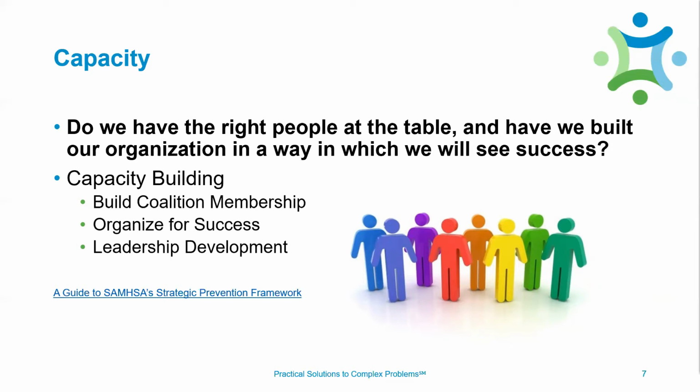Do we have the right people at the table based on what information we've gathered to build our organization, and have we built our organization in a way in which we will see success? So basically we need to take a step back and say, okay, we gathered all this information, we see what we have, but are we actually set up to address these goals?